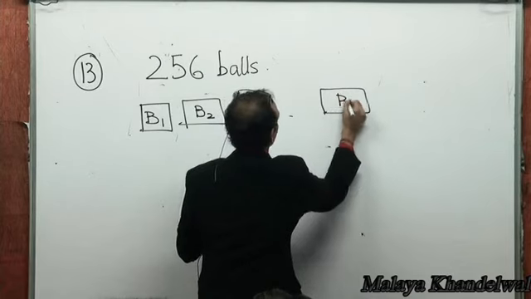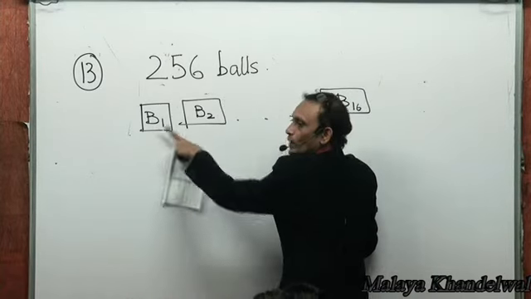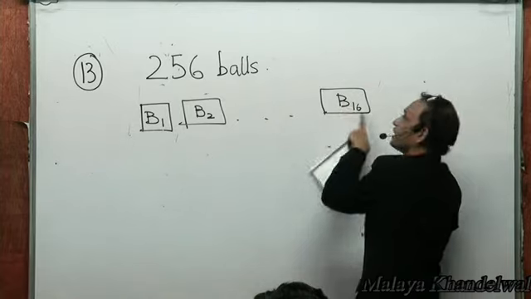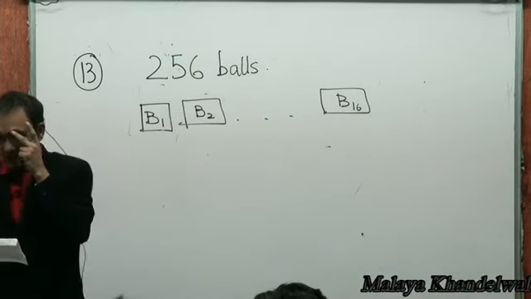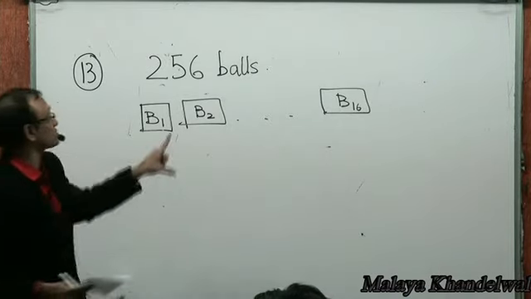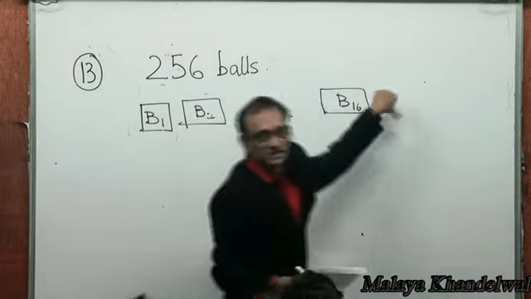These are the 16 numbered boxes. This is R equal to 1, R equal to 2, R equal to 3, up to R equal to 16. There are these 256 identical balls and they have to be placed in 16 boxes numbered 1, 2, 3, up to 16.